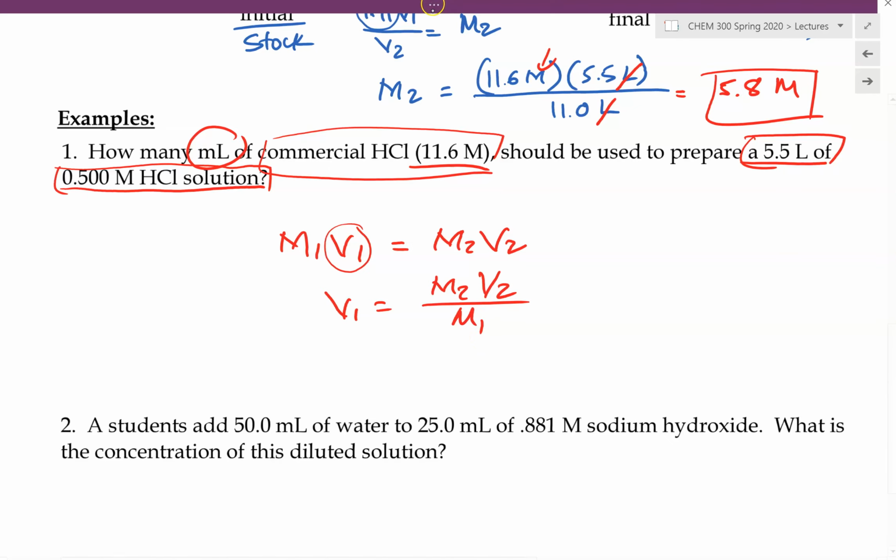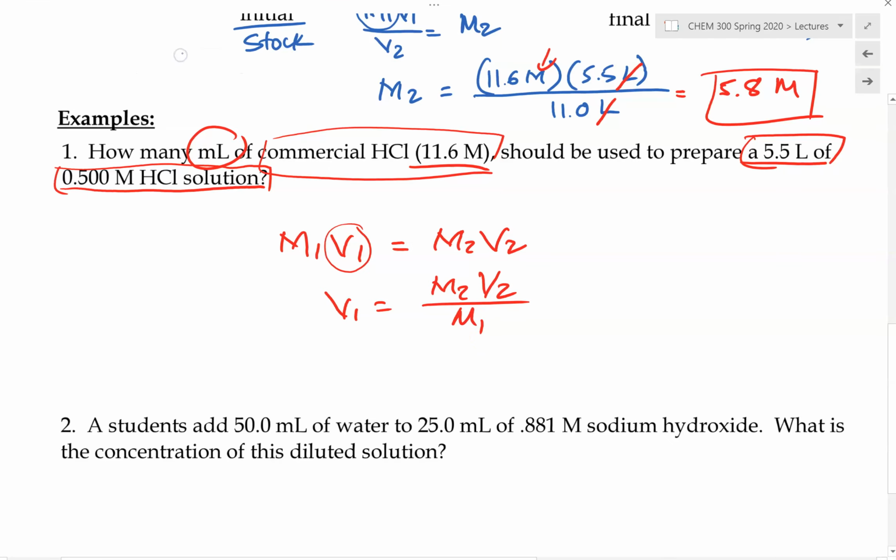And now we need to start looking for these variables. So 11.6 M here would be our M1. And this 5.5 liter right here would be our V2. And this 0.500 molar would be our M2. So we have three of the variables already, and we are asked for V1, the last variable. And that's how we would mathematically set this up to solve for it.